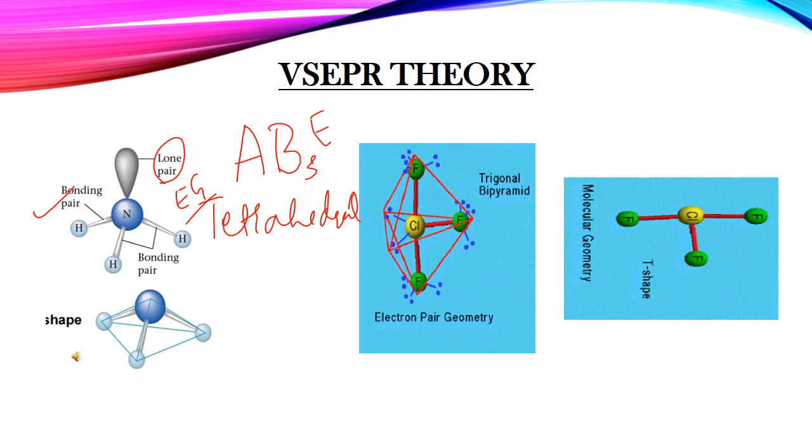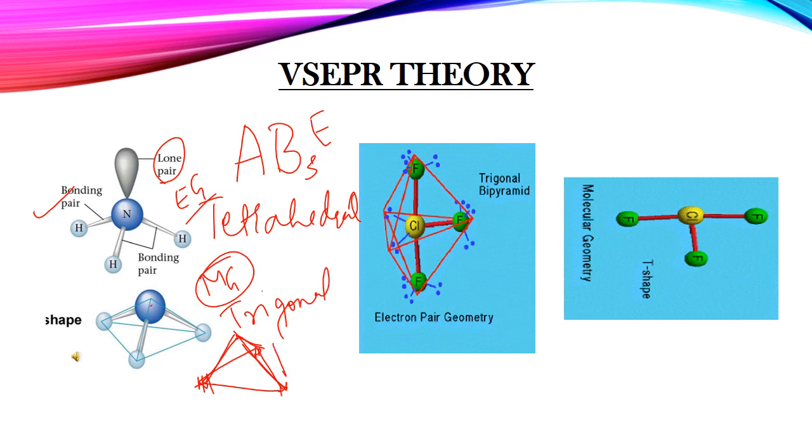But when you don't consider the lone pair, it is trigonal pyramidal. So you have the nitrogen atom and the 3 hydrogen atoms. The 3 hydrogen atoms are forming the triangle, and the nitrogen above them forms the pyramid shape. So molecular geometry will be trigonal pyramidal.